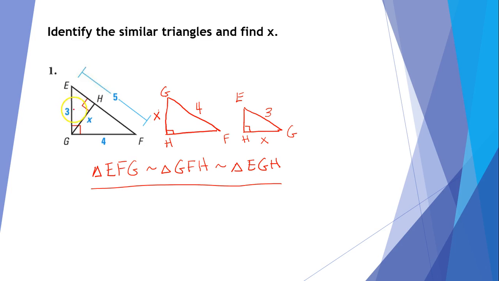So what I'm going to do here is I'm going to take this side and put it over this one. So 3 over x. And then set that equal to, this whole side is 5, so 5 over 4.